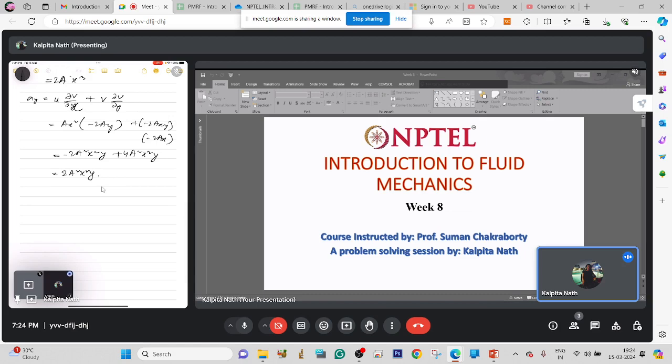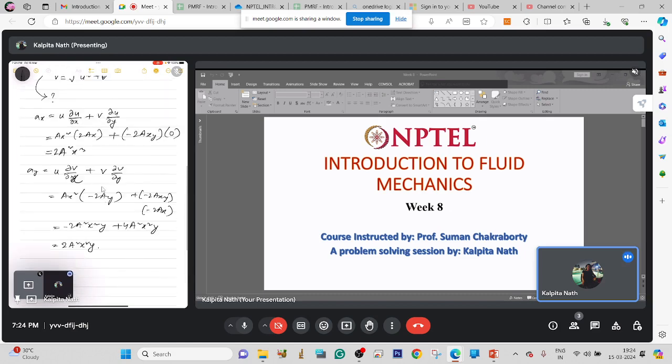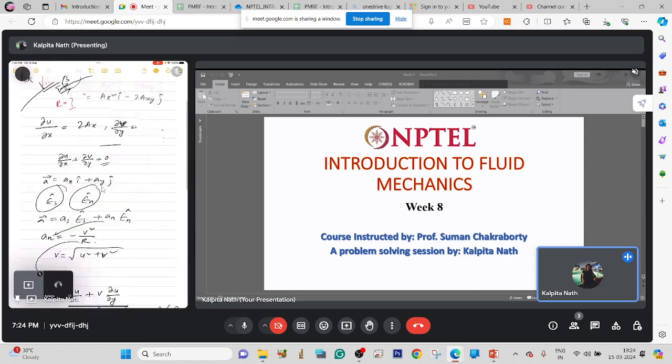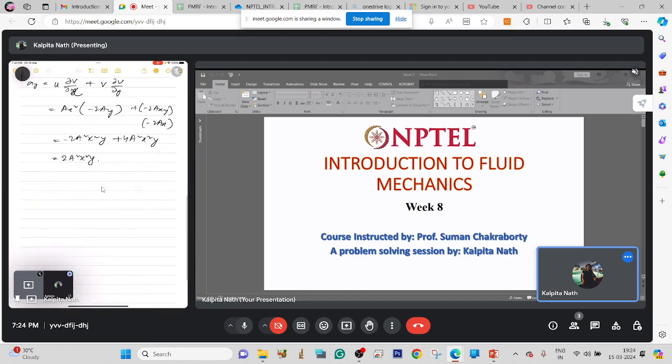Now, v is oriented along s, right? That means the velocity vector is oriented along this s coordinate of the streamline. So we can write epsilon s cap as the unit vector along v, which will be the unit vector along s, along the streamline. Now we need to find epsilon n cap.